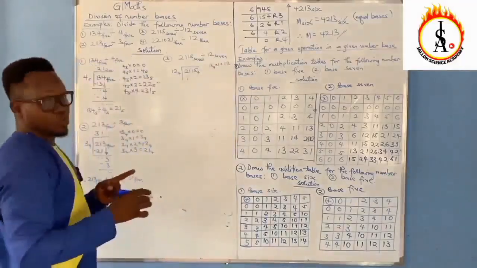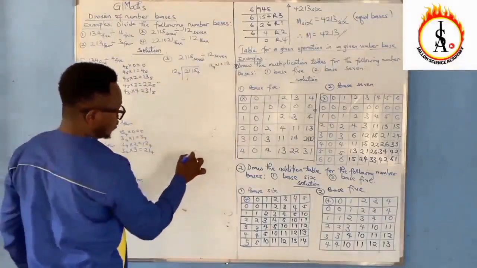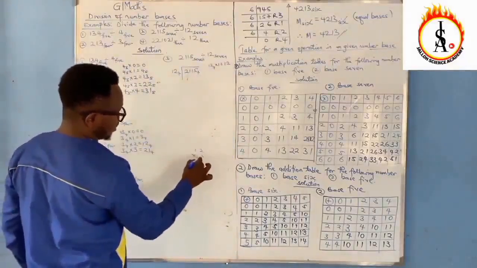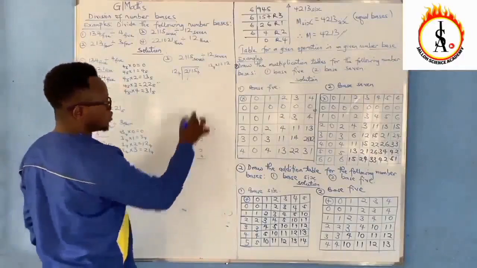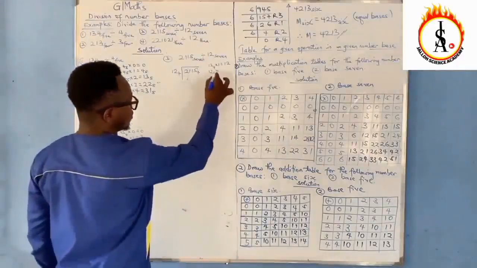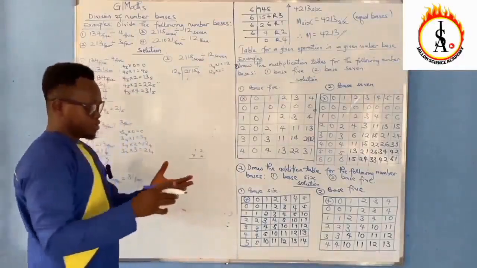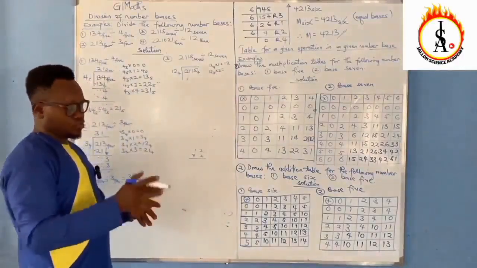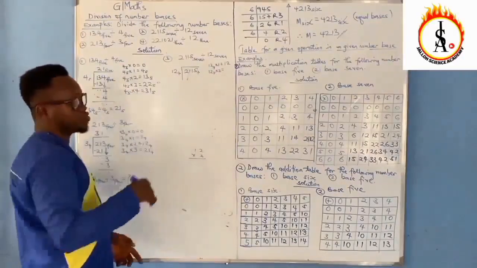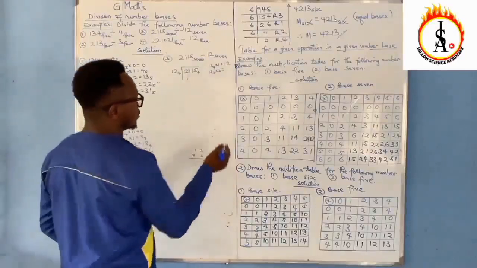So you have to work the rest out. 12 times 2 in base 7, 12 times, because the digits in base 7 are 0, 1, 2, 3, 4, 5, 6. We're skipping 0 because we know that multiplied by 0 is 0.